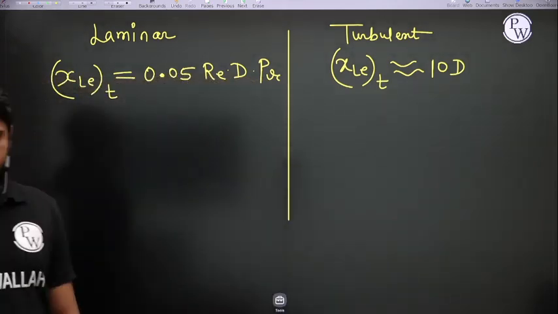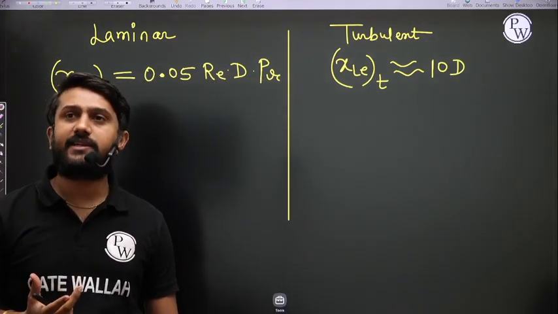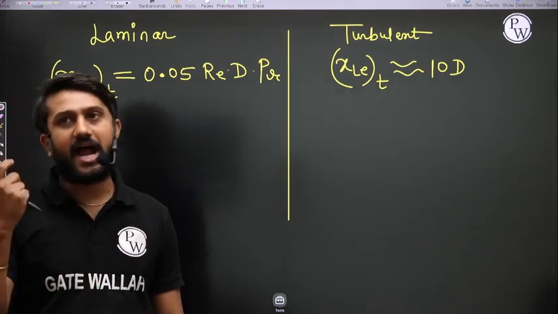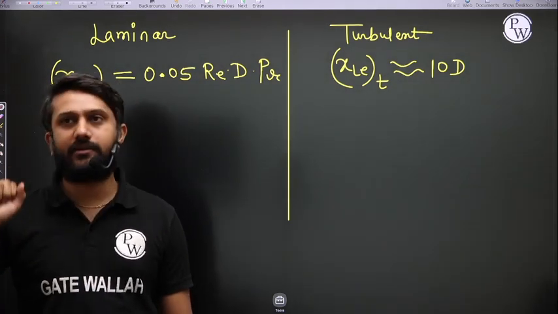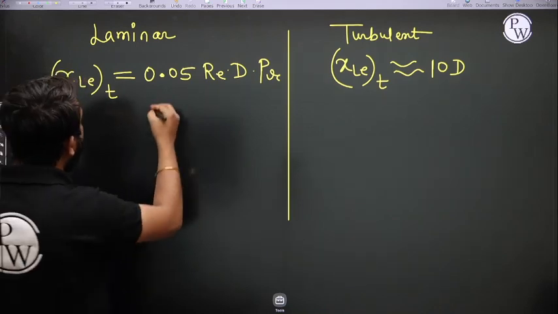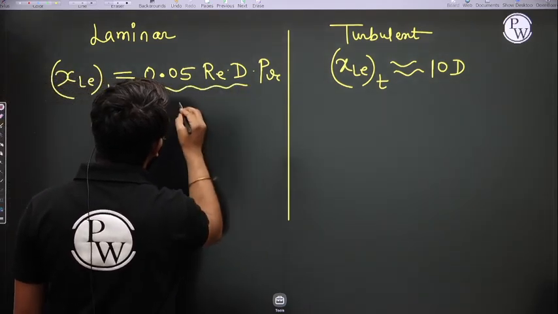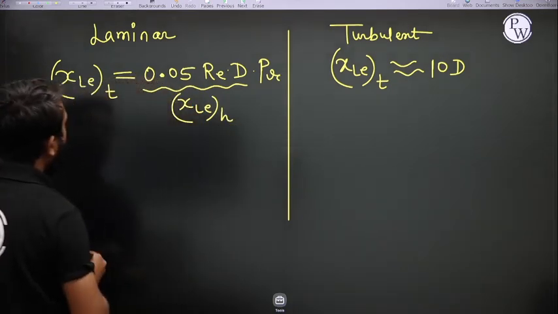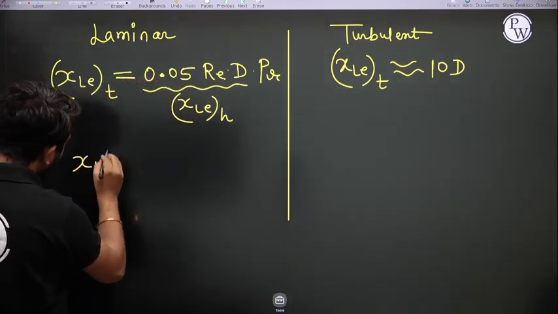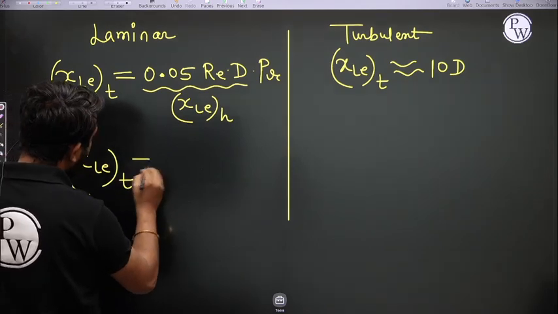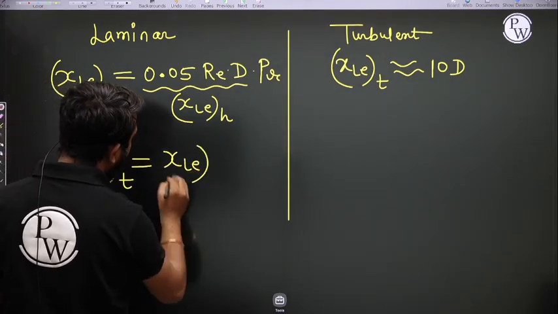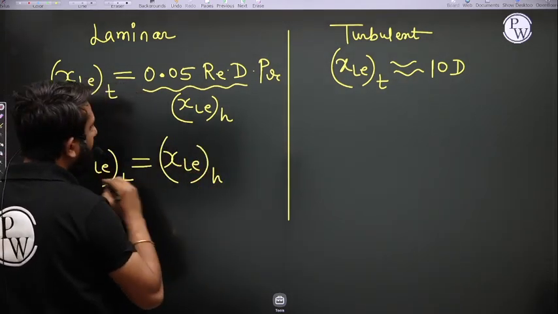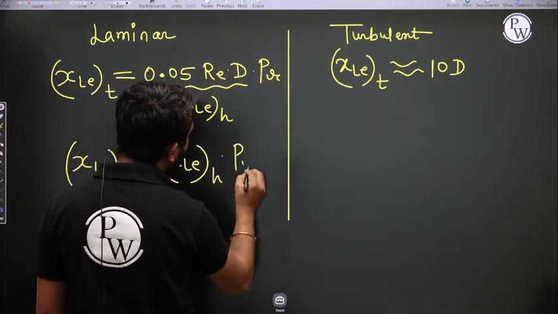So if you want to establish the relation between the hydrodynamic entrance length and the thermal entrance length, this term is X_LEH, the hydrodynamic entrance length, so I can say that the thermal entrance length is equal to the hydrodynamic entrance length multiplied by Prandtl number.